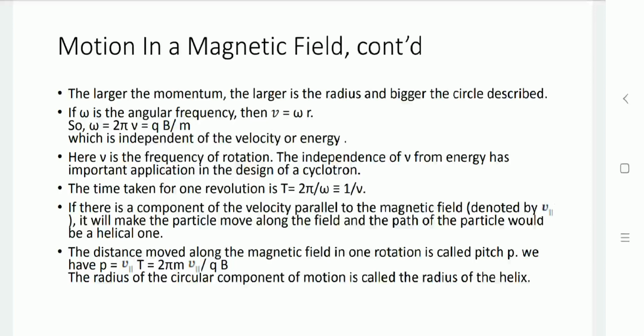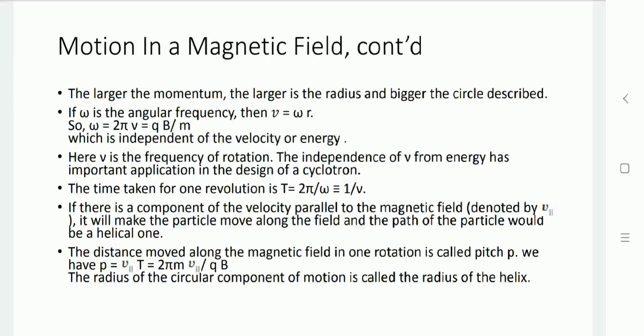Now suppose there is a component of velocity parallel to the magnetic field, noted as v parallel. It will make the particle move along the field and the path of the particle would be helical. One circle, with the parallel component another circle, and a third circle.